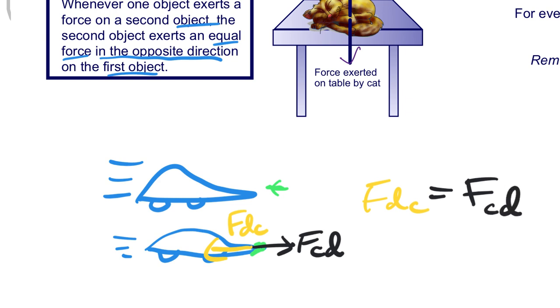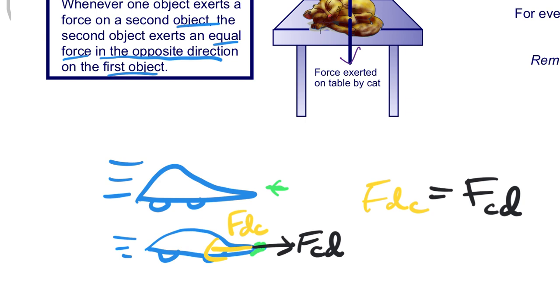It's just that the dragonfly's body can't take that force and it falls apart, whereas the car's body can. Okay? The result of a contact force has nothing to do with its size.